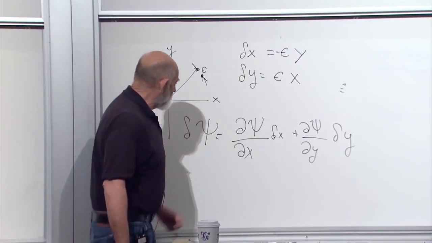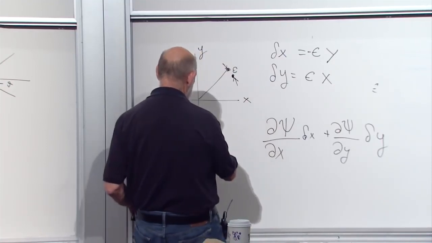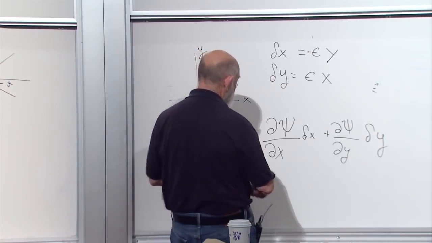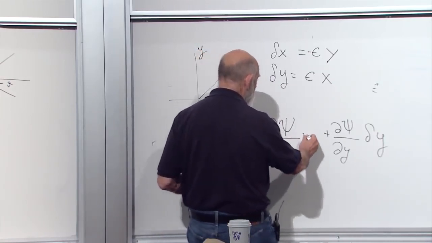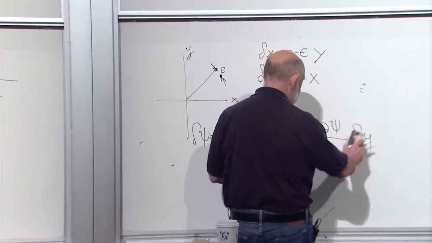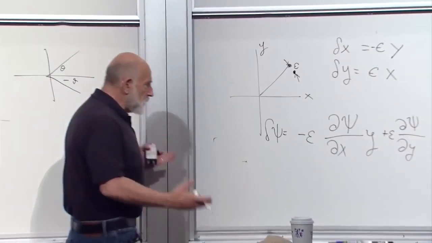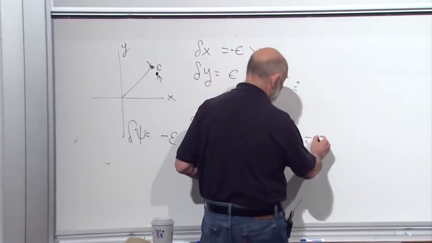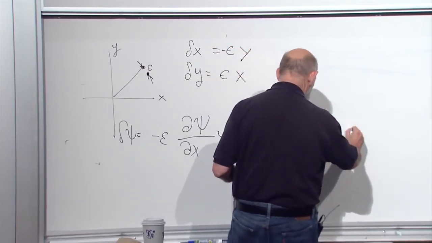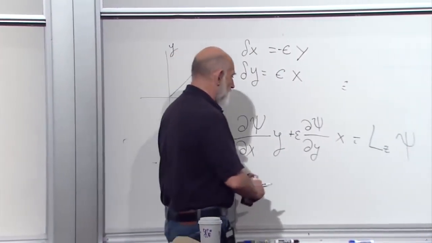But delta x is minus epsilon times y, and this is plus epsilon times x. That's the change in the wave function. And of course, this must be, by definition, I guess it's L sub z times psi. So, I epsilon times Lz.